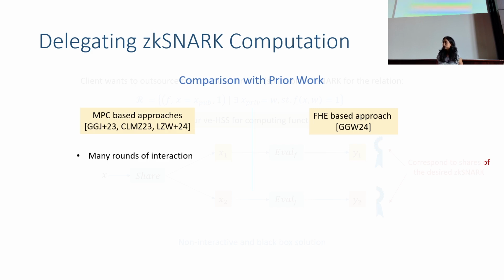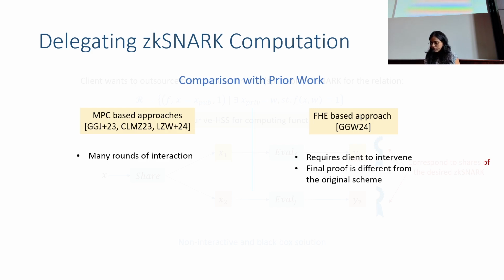And in comparison to FHE-based solutions, our approach has two advantages. First, as in the case of non-cryptographic operations, the client doesn't need to intervene, and we get a fully non-interactive solution.